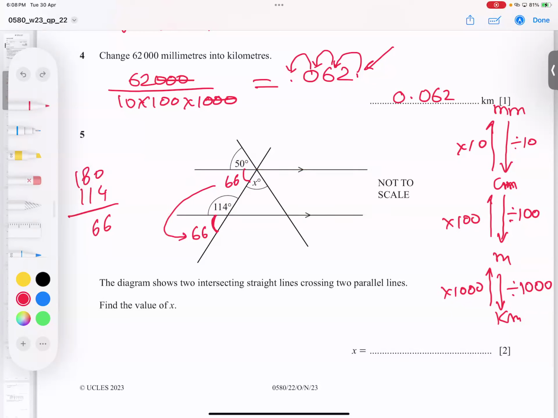And now you can see all three angles are on a straight line, and if you add them all, they give you 180. So x plus 66 plus 50. I'm showing you here: x plus 66 plus 50 equals 180. So 180 goes there. If you add them both, what does it become? 6 and 6, plus 5, is 11.